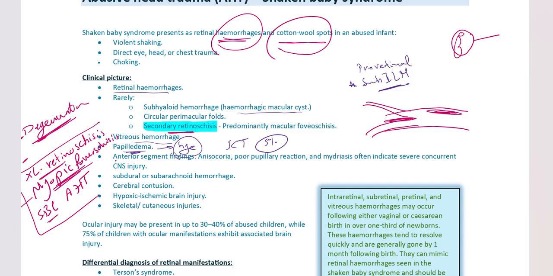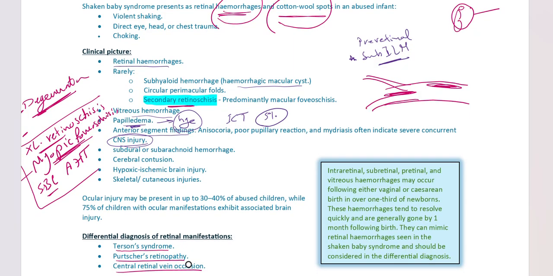Anterior segment findings are usually not characteristic, and this is usually secondary to CNS injury. Things like anisocoria, poor pupillary reaction, mydriasis, these are usually secondary to CNS insult.